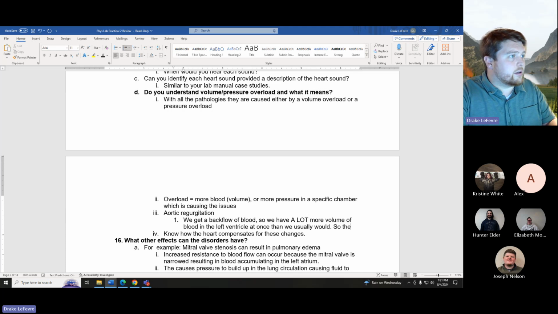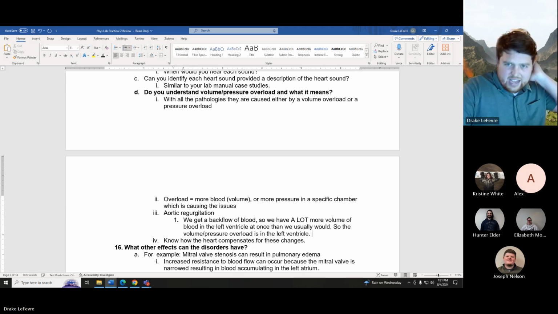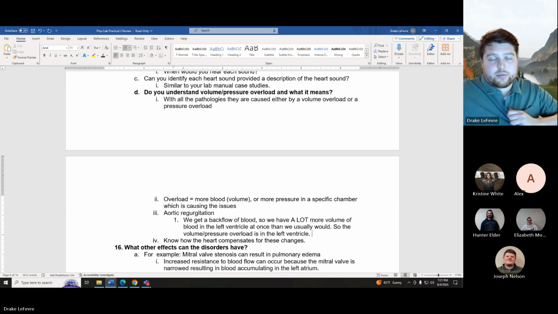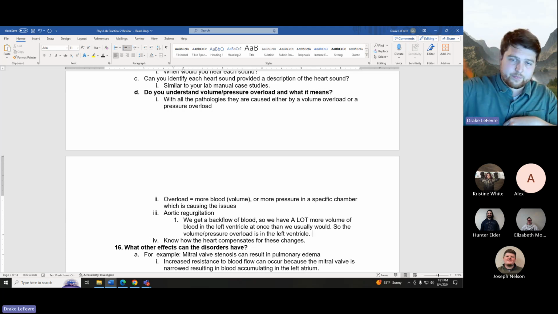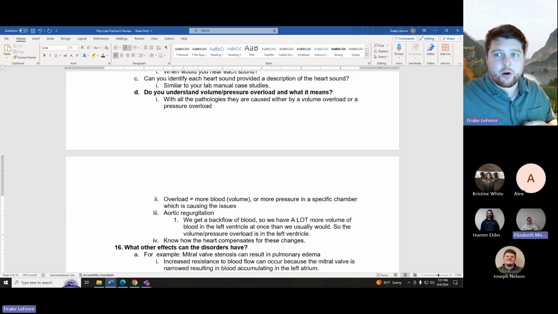So the volume pressure overload is in the left ventricle. It's like telling us which chamber of the heart is essentially getting the raw end of the deal. Does that make sense? Or do you want me to keep going?